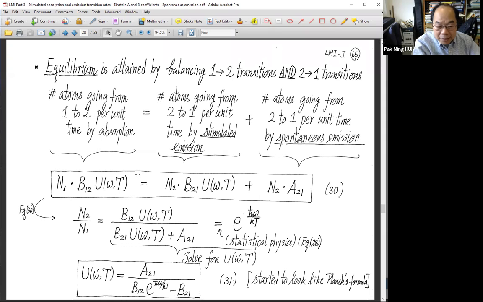Because the system is at equilibrium, dynamical equilibrium means these two, going up and coming down, must balance. Therefore, you can keep the N2 over N1 at the same ratio all the time.